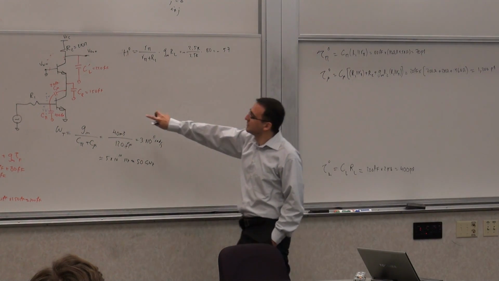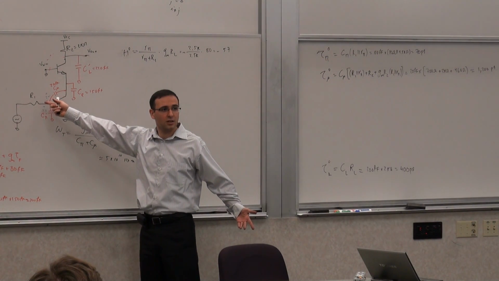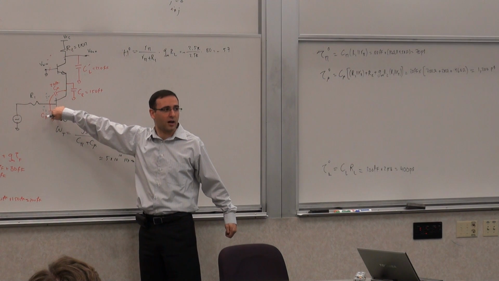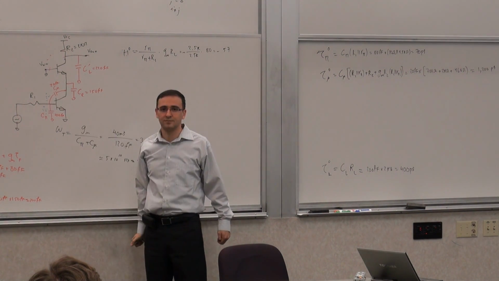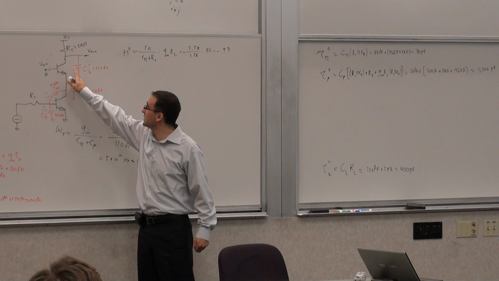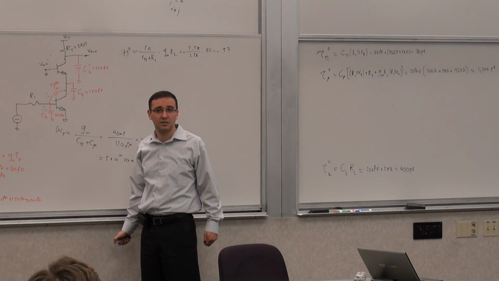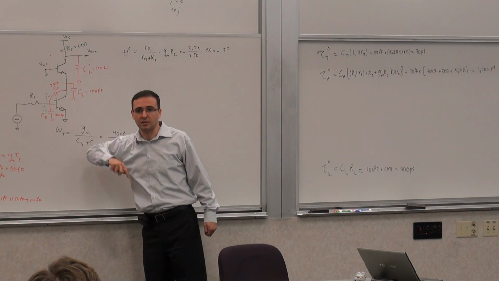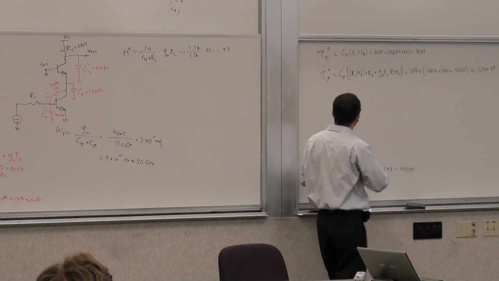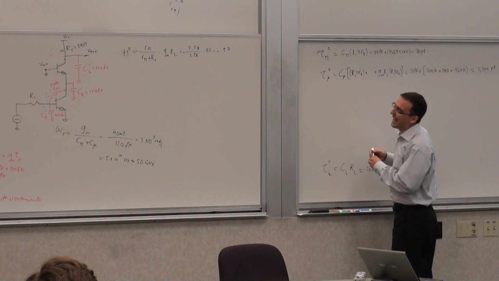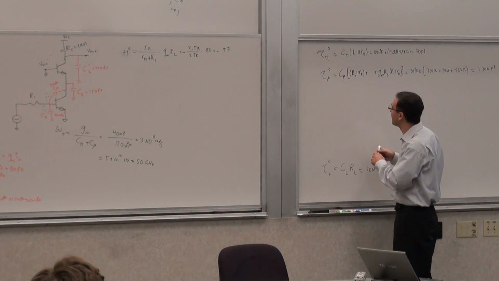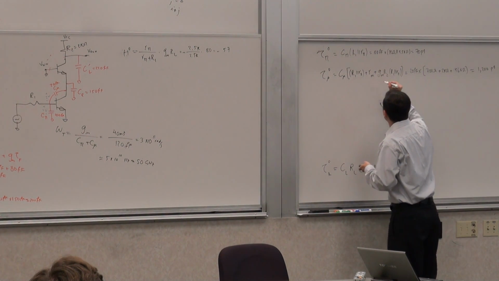So how has it changed? What is R left? R left hasn't changed, right? R left is still R1 parallel R pi. What is R right? What do you see to the right? You used to see R2. What do you see now? Rm, the resistance up here. So this has become Rm. It's really alpha Rm, but that's what's between them.